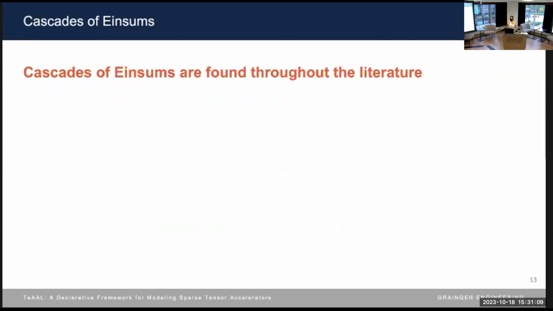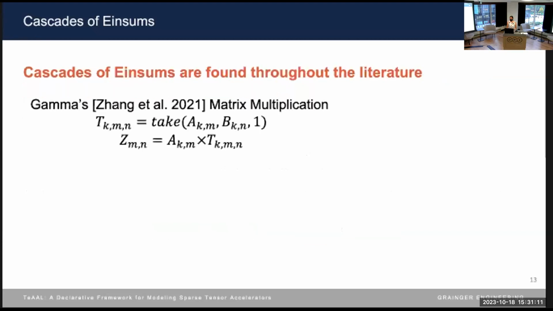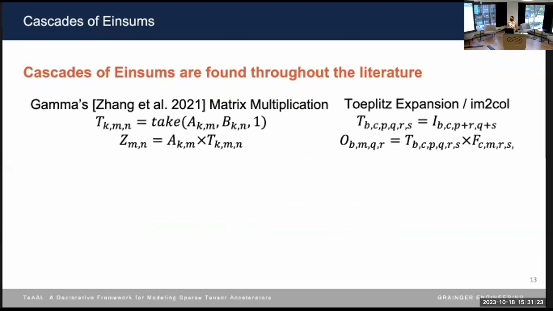Cascades of einsums are found in a wide variety of kernels. The Gamma accelerator for sparse matrix multiplication uses a slightly different cascade to separate the axis of B from the rest of the computation. The Toeplitz expansion, or im2col for convolution, can be represented with 2 einsums. One that accesses elements of the input and one that performs the computation as a matrix multiplication.